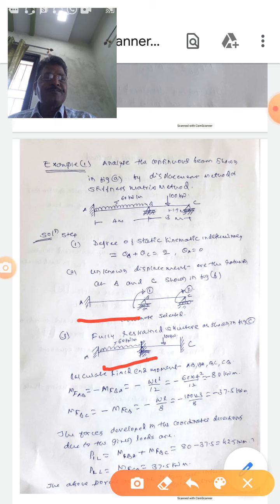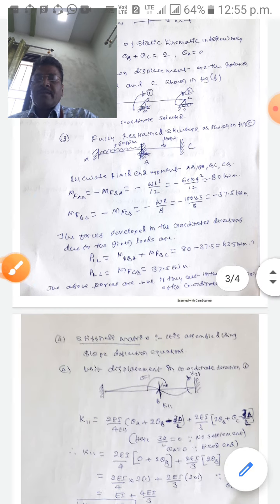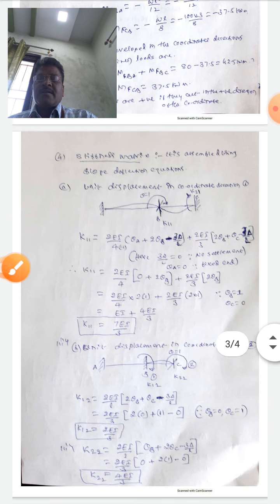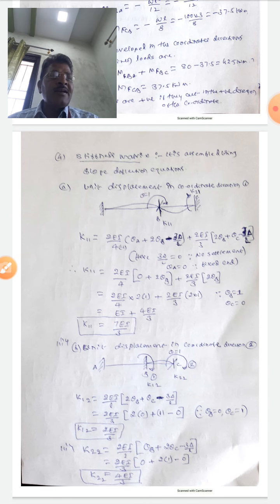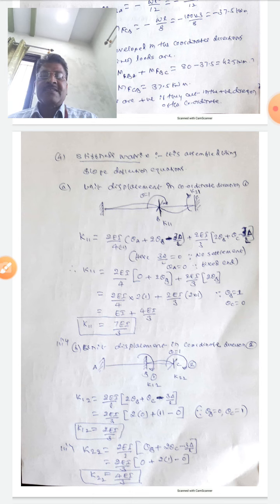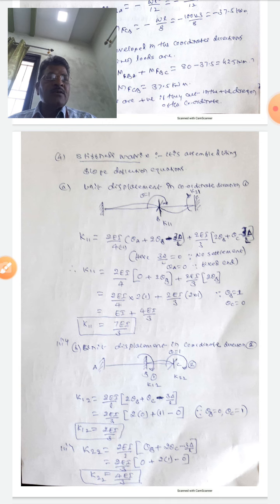The stiffness matrix is assembled using the slope deflection method. So with the help of the slope deflection method, we apply the unit displacement in coordinate 1 first. Unit displacement in coordinate 1, as shown in the figure.